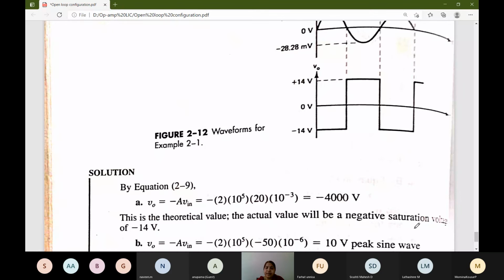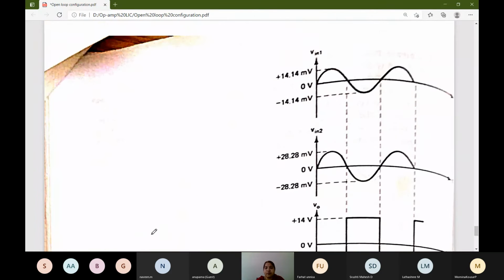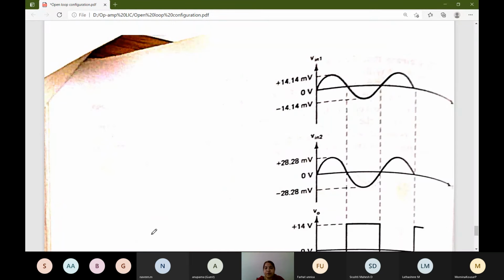The actual value will be the negative saturation value of minus 14 volts. That is important. Theoretically you write the value, but practically when you draw the waveform, you have to remember it is 1 volt less than the supply voltage. If the supply voltage is 15 volts, it will get saturated at 14. If the supply voltage is 12 volts, it will get saturated at 11 volts. Okay, that you have to show.